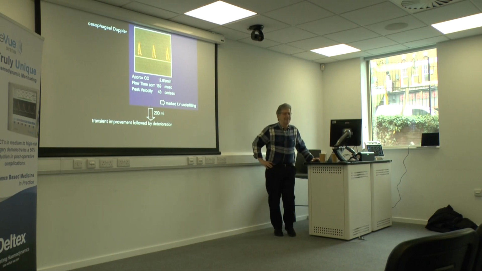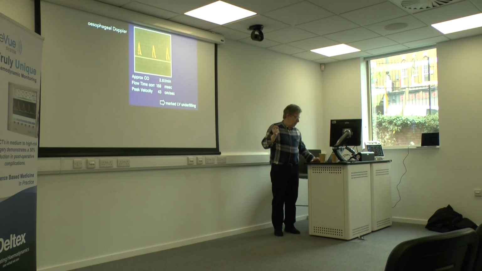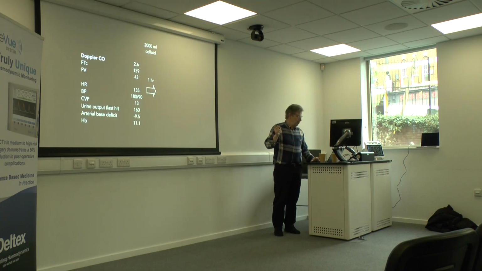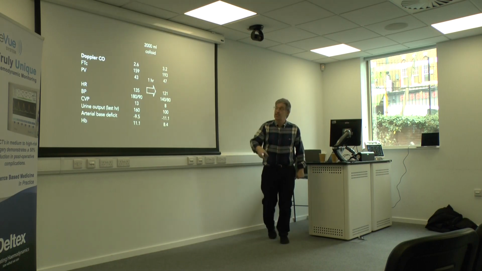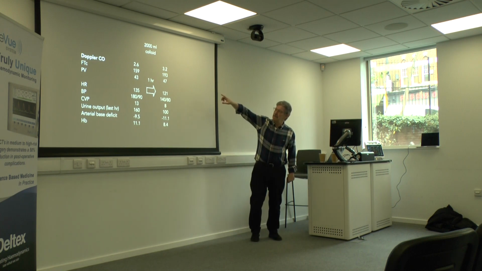What would you do now? There was a transient improvement when he got fluid, and then it was worse. Could he be bleeding? Yeah. But more fluid, then? Yeah, sure. So after an hour of repeated challenges, he had 2 litres. The output was a bit better.